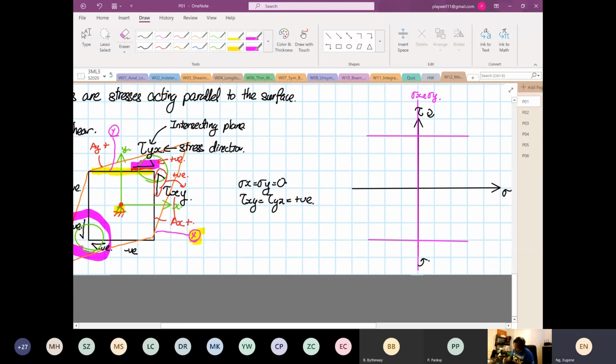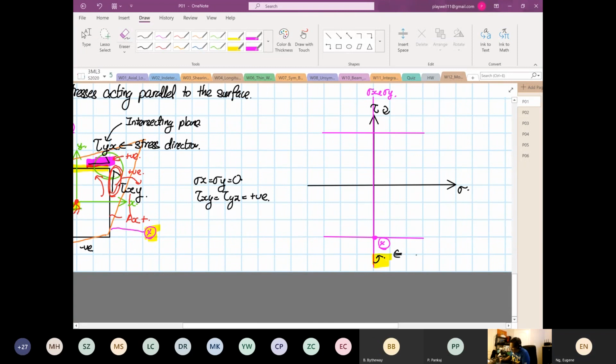If you look at this stress over here, it will generate the element to rotate in what direction? Anti-clockwise. So back to your Mohr's circle, this is point X, because over here the element will rotate in an anti-clockwise direction. So this arrow over here represents the element rotation. Okay, so that is our point.